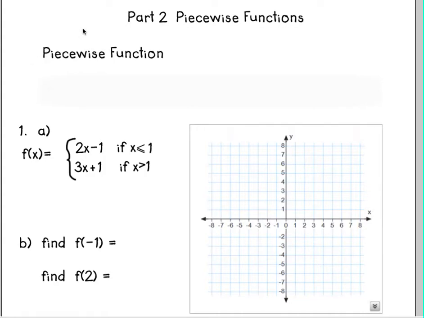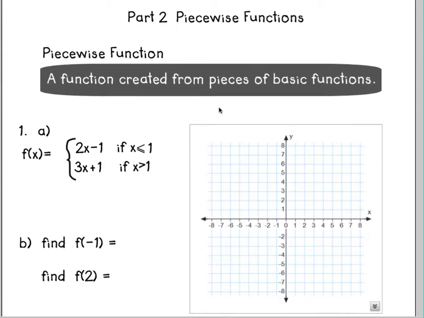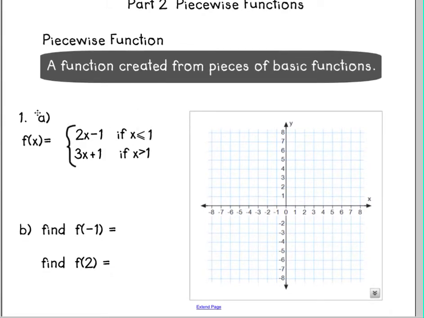So piecewise functions sort of goes along with this idea of step functions because there are pieces to the function. Now piecewise functions are functions that are created from pieces of your basic functions. So for instance, taking a look here at these examples, notice that you've got two basic functions.